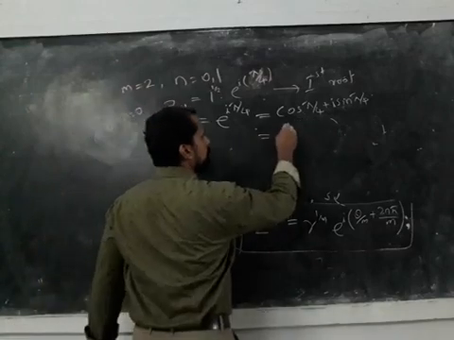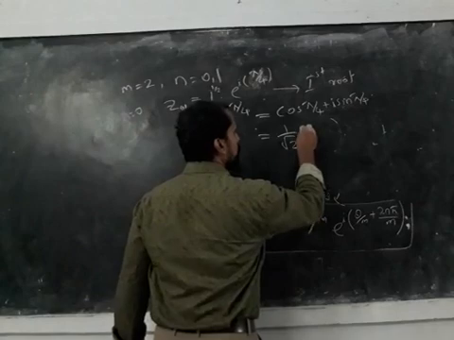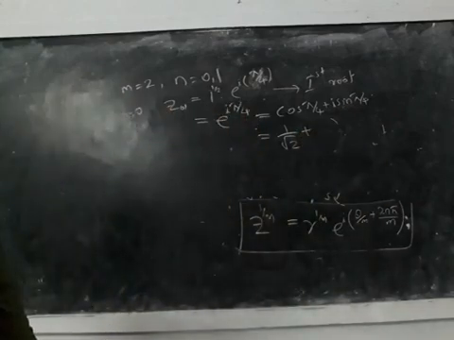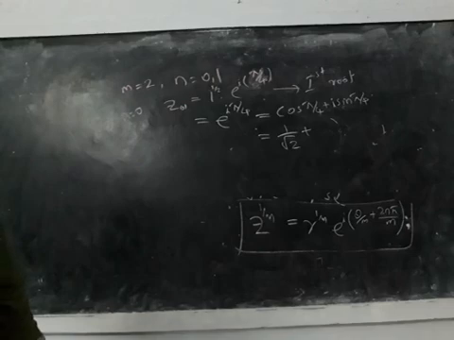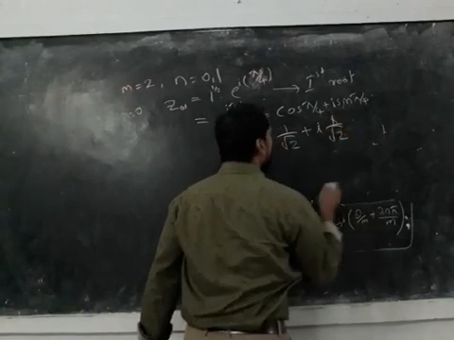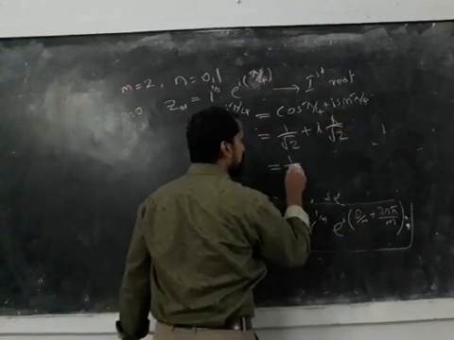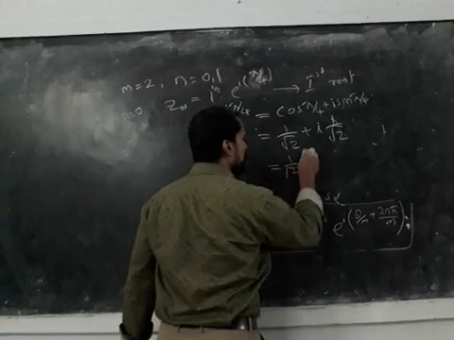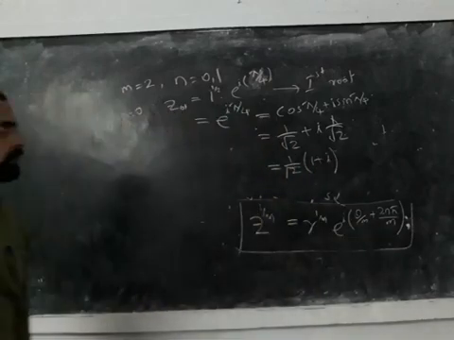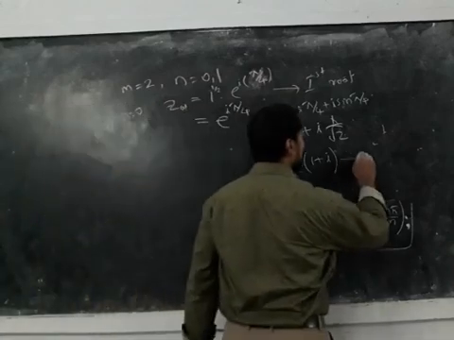So this is 1 by root 2 multiplied by 1 plus i. So this is the first root.